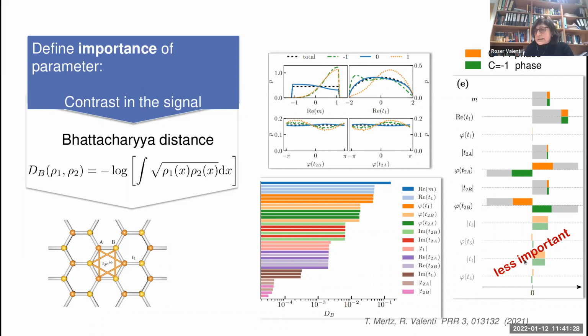And we have done a lot of samplings, and all of the other parameters are irrelevant. So this is a method that starts from random sets of parameters and, by just using these statistics concepts, gives us information about a physical phase.